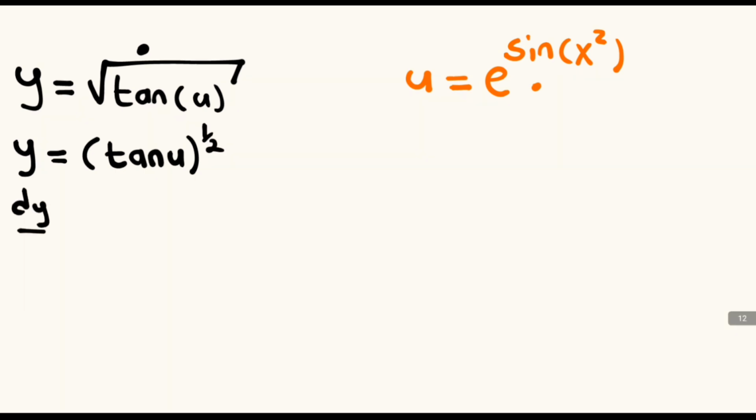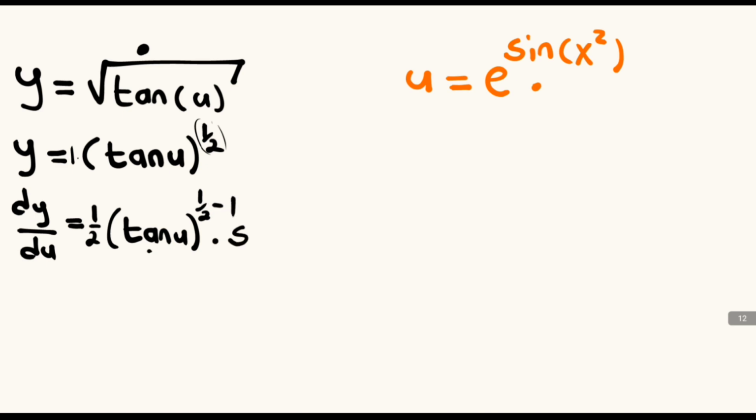Then dy over du will be equal to the exponent half multiplied by the coefficient 1 into tan u raised to the power half minus 1, multiplied by the derivative of the inner function tan u, which is equal to sec squared u.